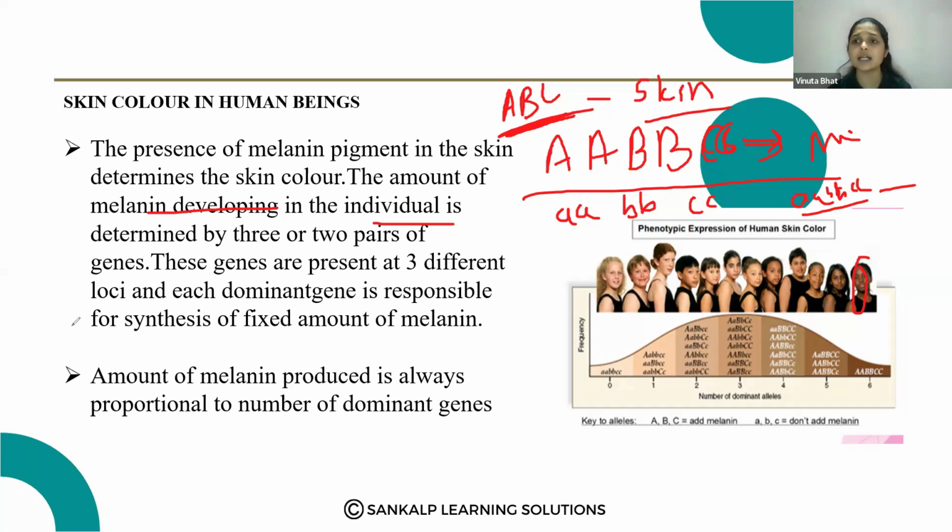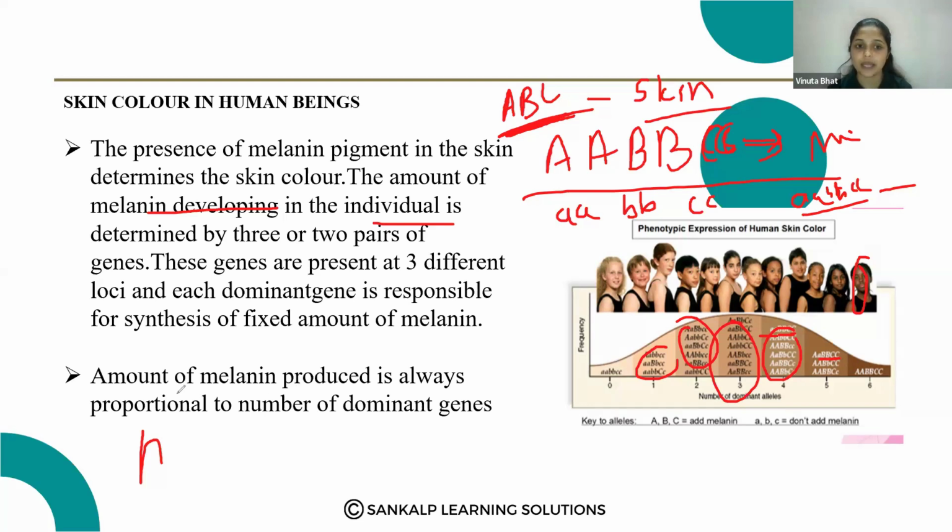There are some other different skin colors, not dark and not light, right? Some other combinations we will get, for example, capital A, small a, capital B, capital B, capital C. So we'll get some other skin color. Different combinations of these genes produce different types of skin color.